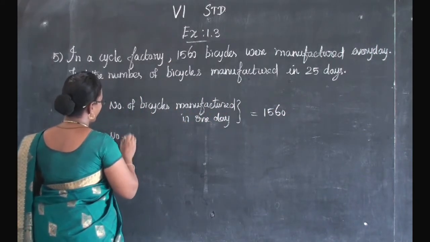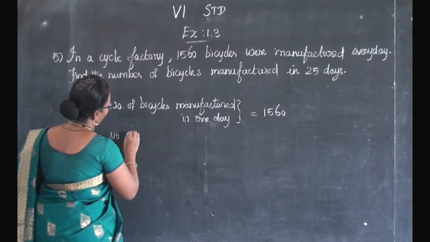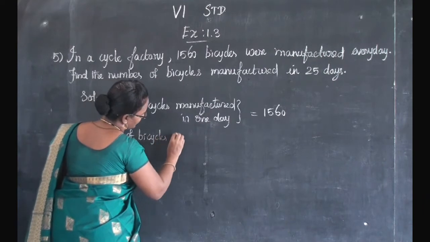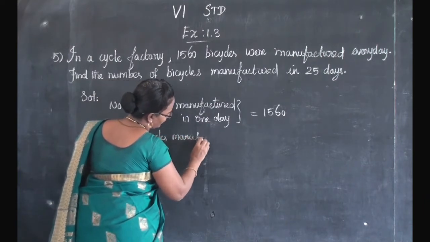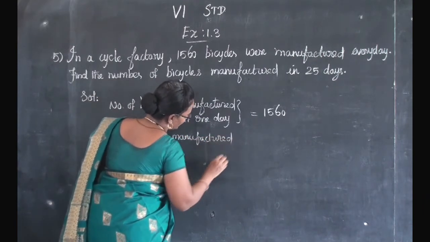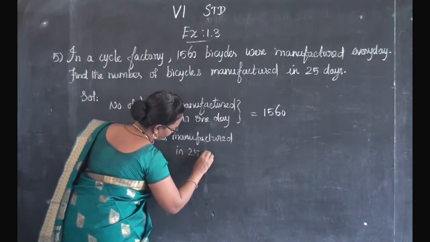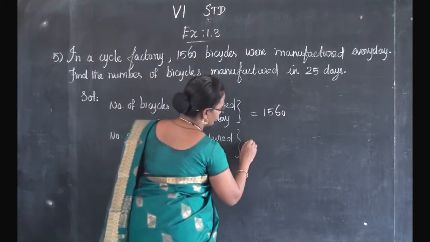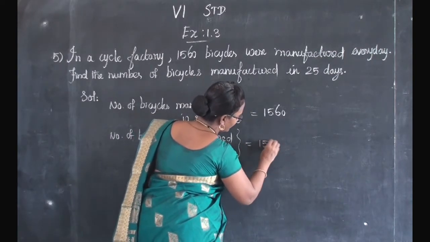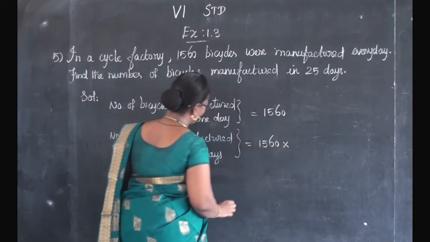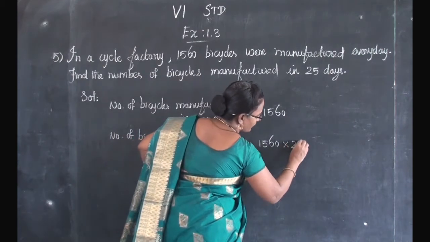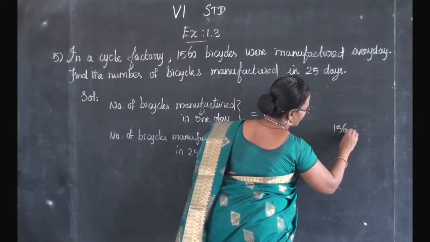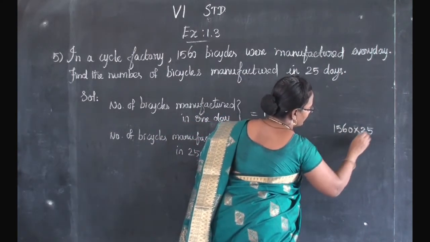Now we have to find out how many bicycles are manufactured in 25 days. How will you find that? 1,560 into the number of days, 25. So multiply with that. 1,560 into 25.